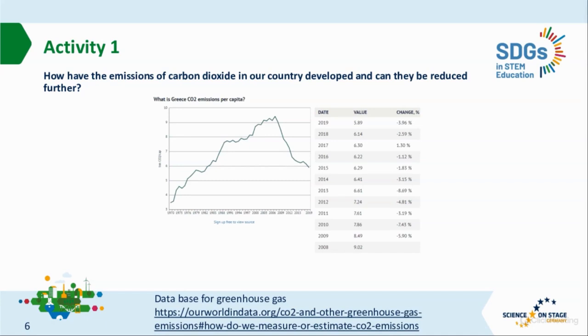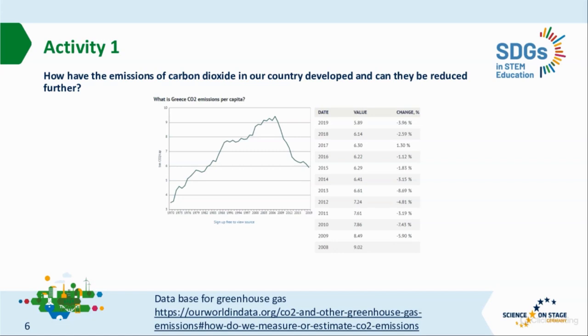In this graphical representation, you could ask, how can the emission of carbon dioxide in our country be reduced further? Modern research has shown that a new biofuel made from wood helps reduce carbon dioxide emissions.